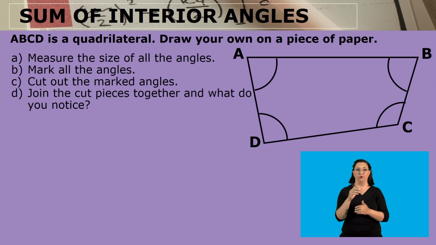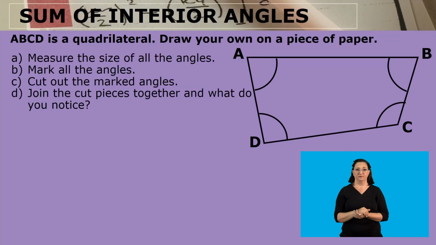Draw your own on a piece of paper, which means as we go along, you can also draw your own and do this exercise. You use your own size of angles and your own lengths of lines. Measure the size of all the angles. You can verify them and then mark all the angles, which is what we have done, A, B, C, and D. And then cut out the marked angles.